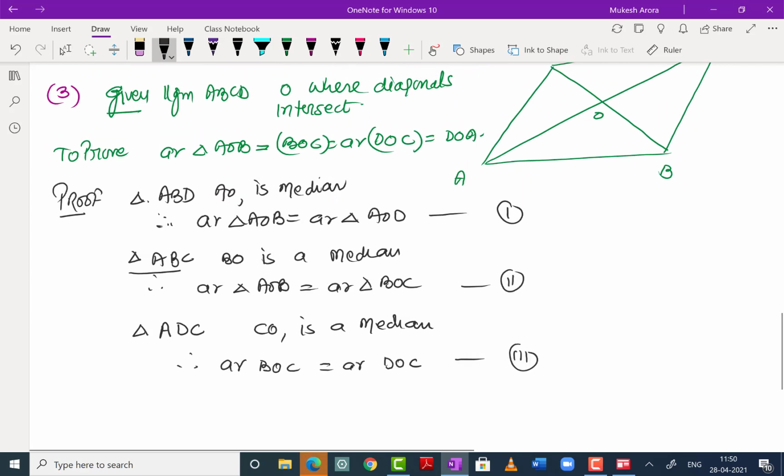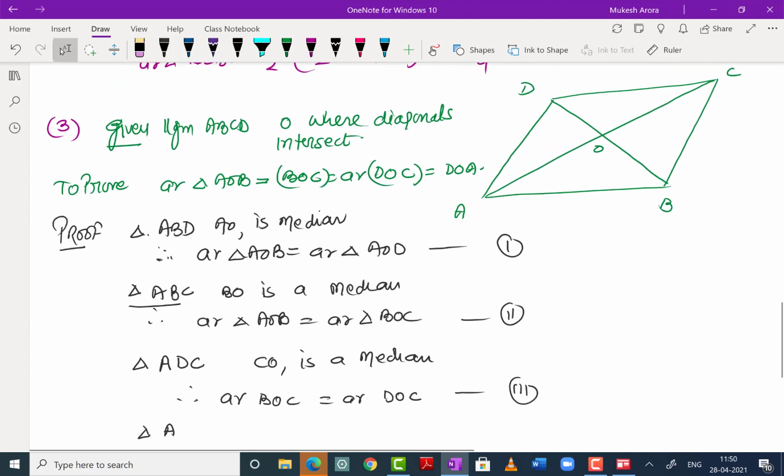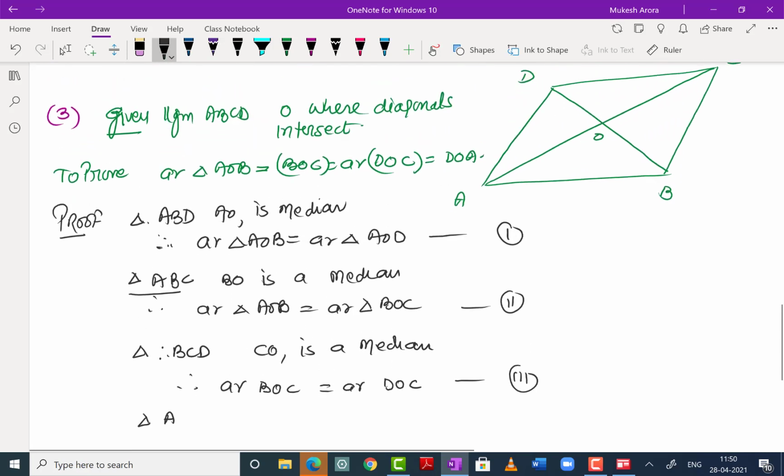And the fourth is triangle ADC, DO is a median.